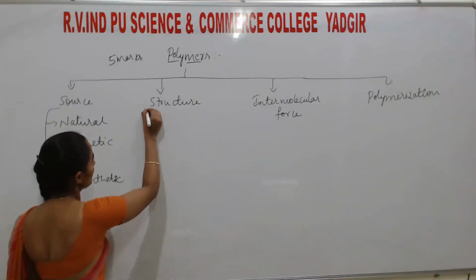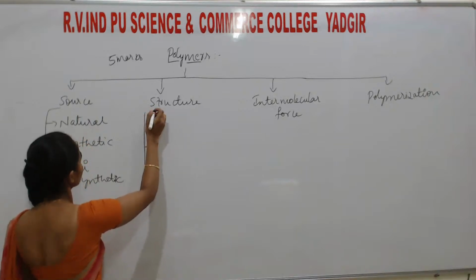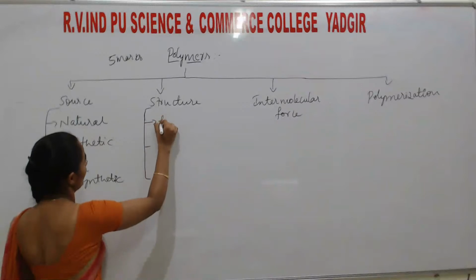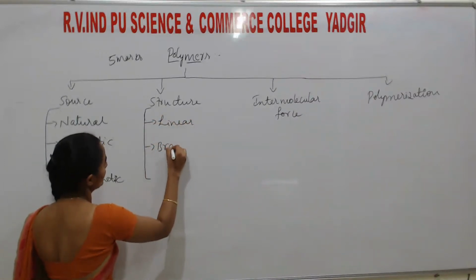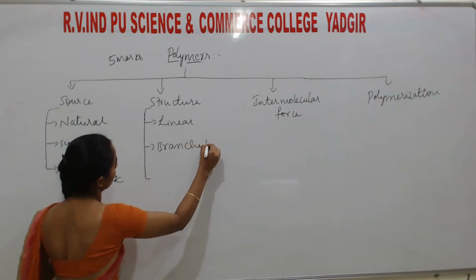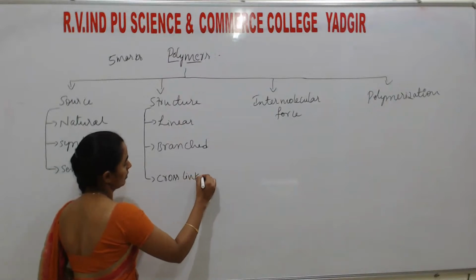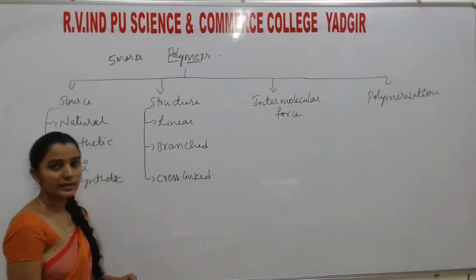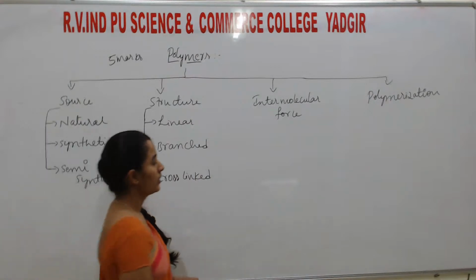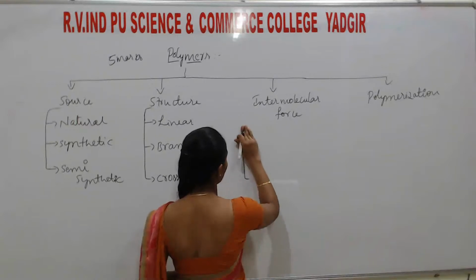Next, students, in the structure, they are linear, branched, and cross-linked. Linear, branched, and cross-linked.